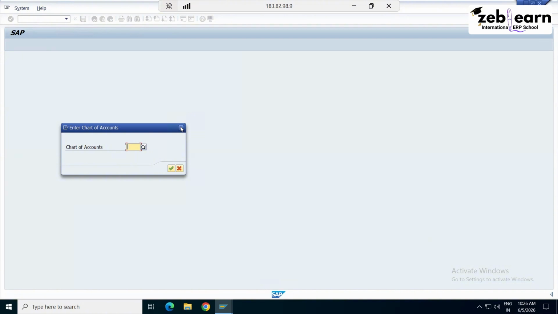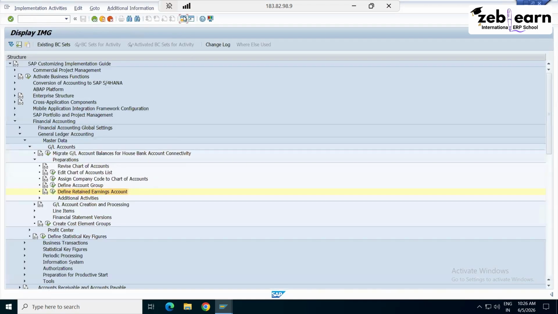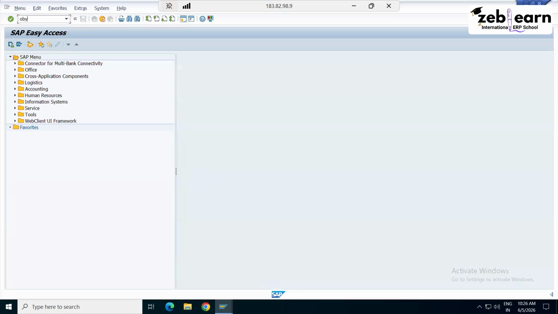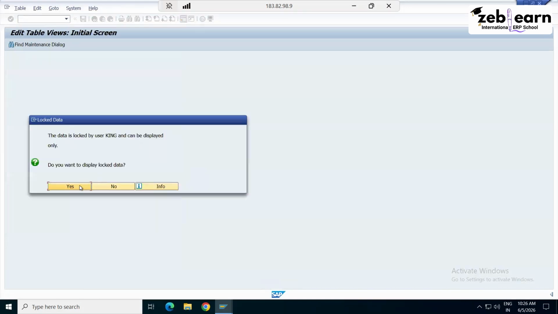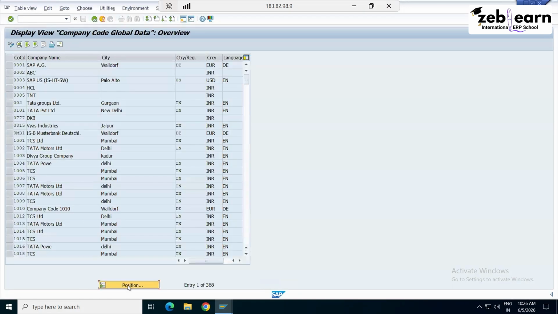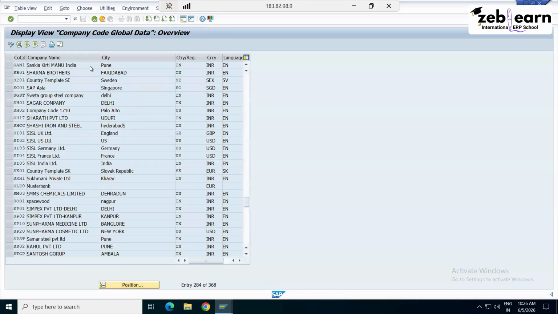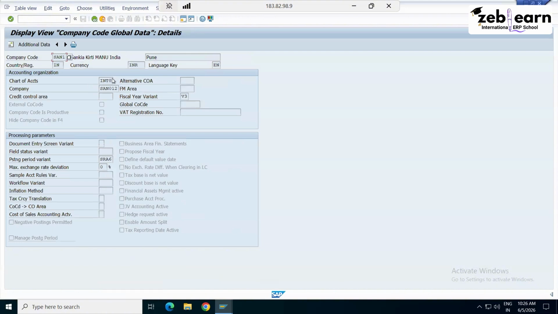What is the T code where we can check the company code? OBY6. Correct. Very good. Let's go to OBY6. SAN1 is the company code. Double click. My chart of accounts is INT8.